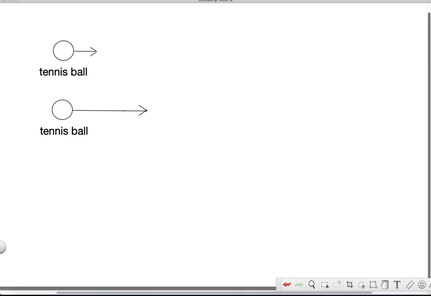Let's say that the top ball is moving with 5 meters per second, and the bottom ball moving with maybe 10 meters per second. Now, if these two tennis balls were to hit you, you would know which one was traveling faster. This one would hurt you more than this one.